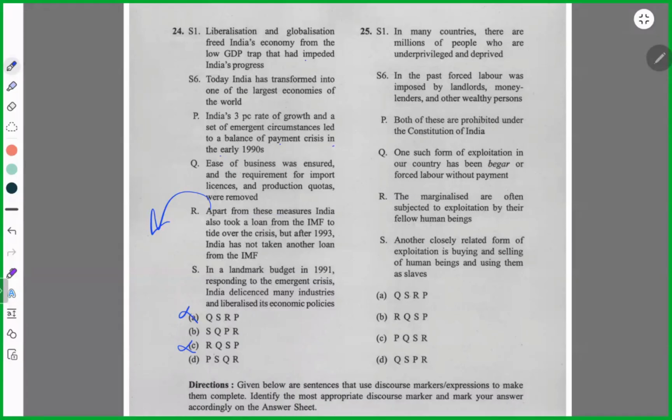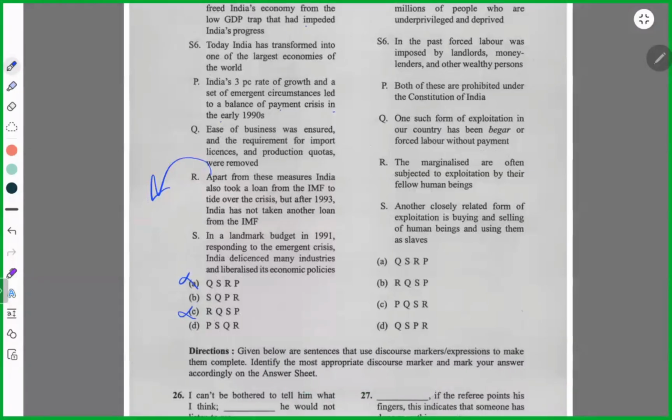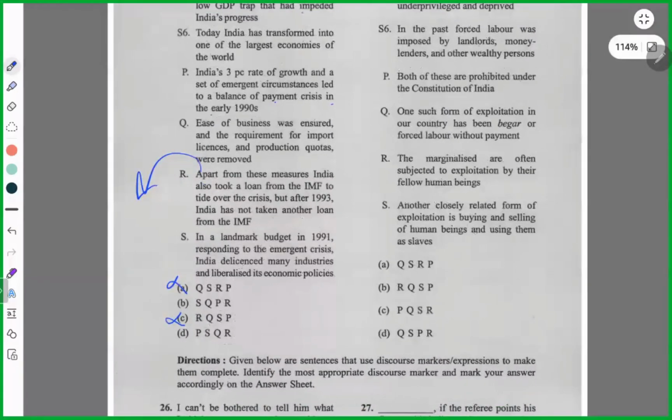In a landmark budget 1991 responding to emergent crisis, India delicensed many industries and liberalized its economic policies. There is some action that they have taken. So now tell me the relation, understanding of the language.